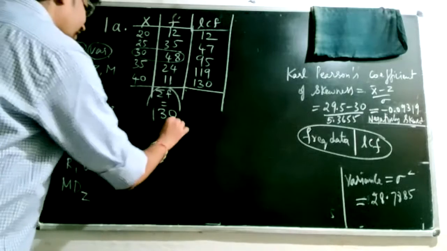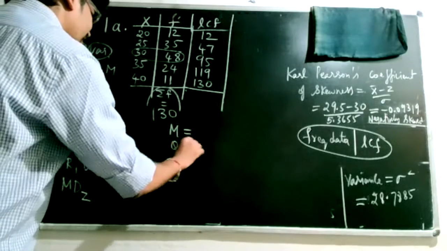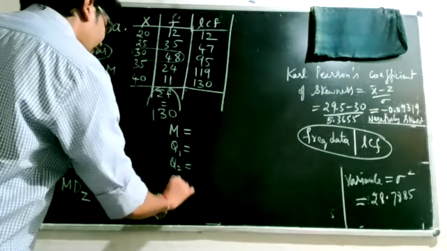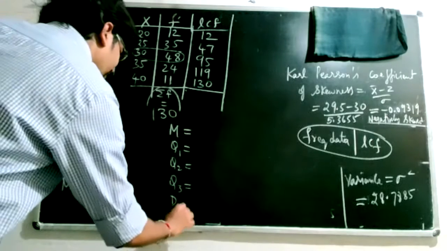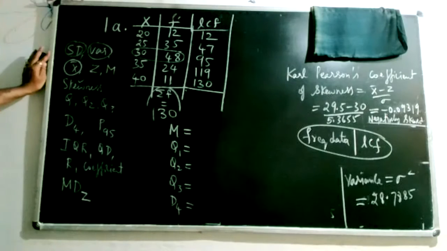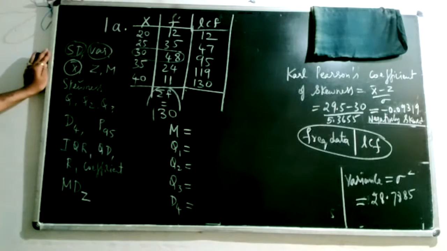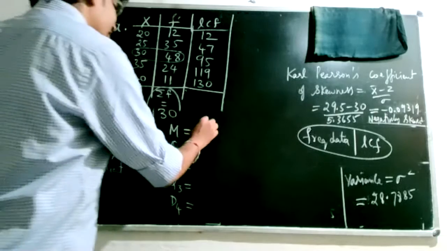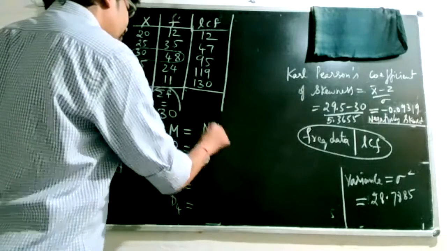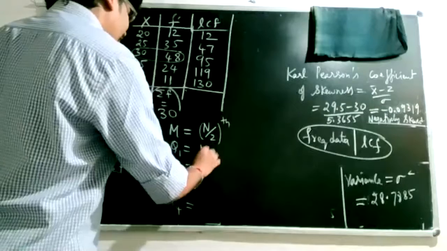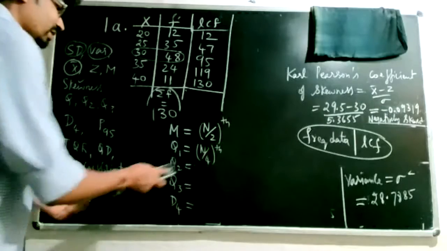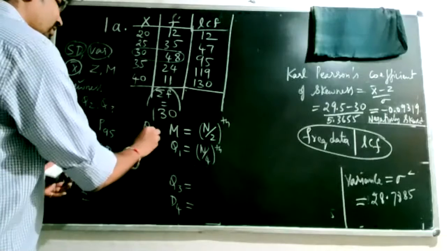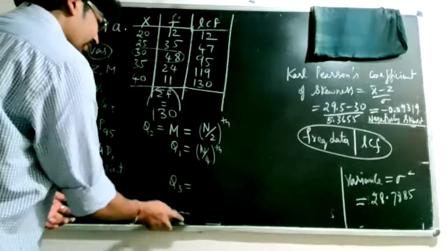Now, obtaining median and other quartiles is very easy in this case compared to raw data, because in raw data, if we end up getting a decimal value as the position, we have to keep on expanding and then obtain the values. But here it is much easier. The formula says it is the value with respect to the position n by 2, n by 4 for quartiles. Median is same as the second quartile, so I will not compute that explicitly.